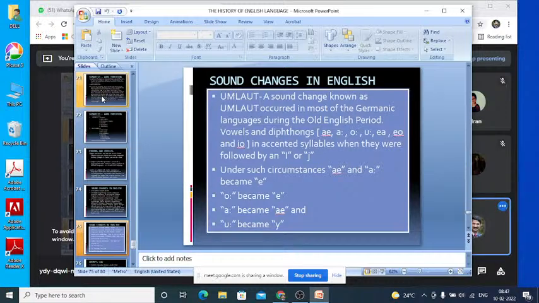These theories, like umlaut, Grimm's law, or Verner's law, are part of substantiating the phenomenon that most languages come from language families.